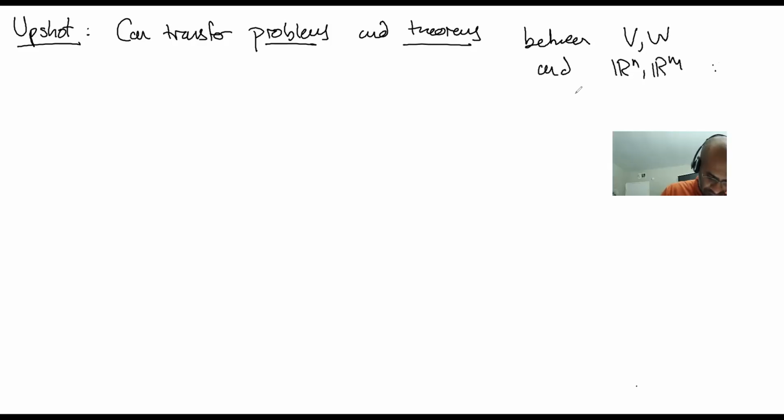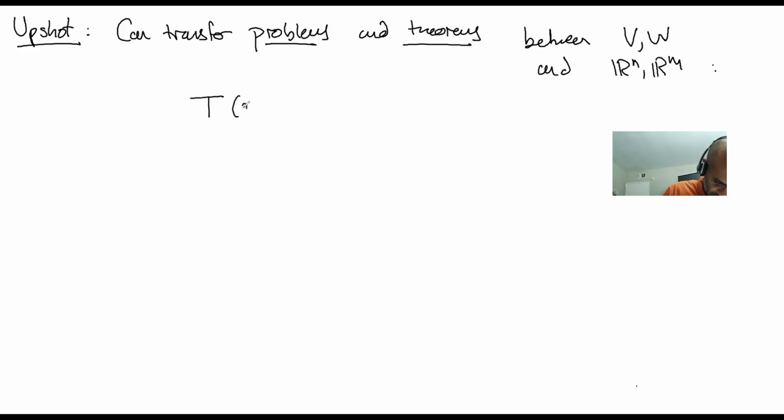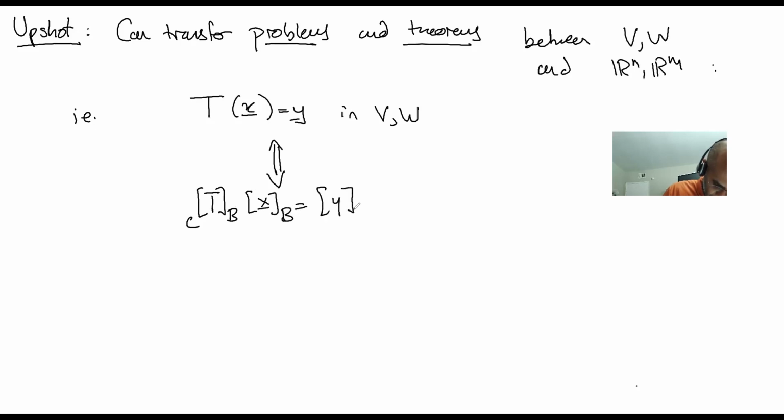In particular, the correspondence principle that I want to highlight, which I'm going to call the correspondence principle for operators, is just taking a matrix of a linear transformation, right? So T of X equals Y in V and W if and only if, when you take the matrix with respect to bases, the corresponding equation holds in Rn, Rm.